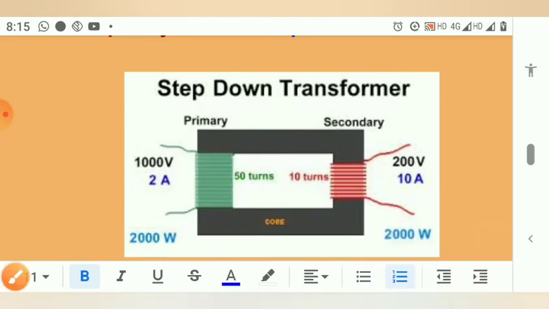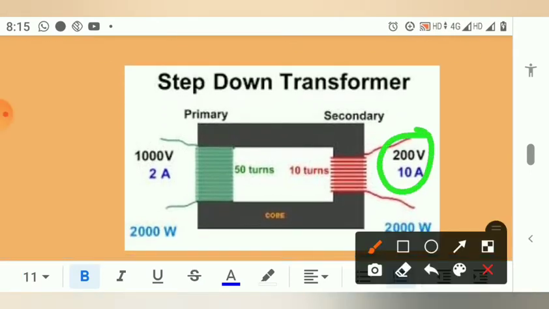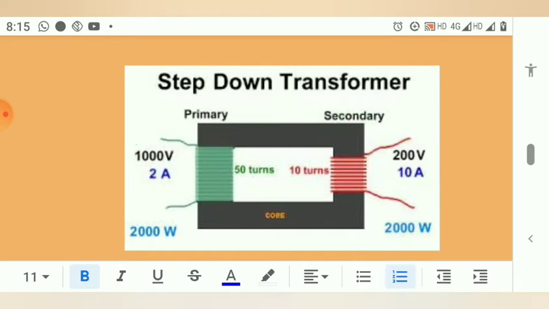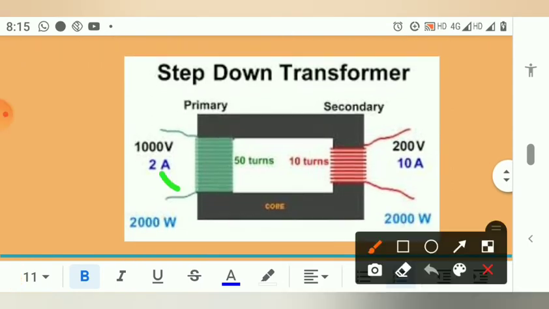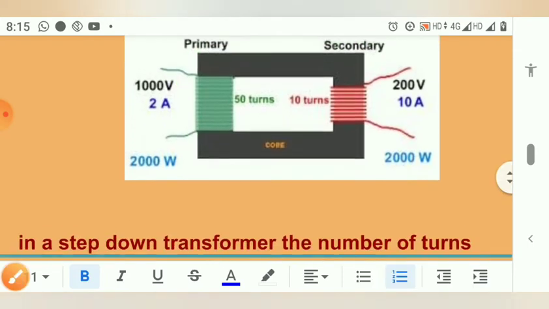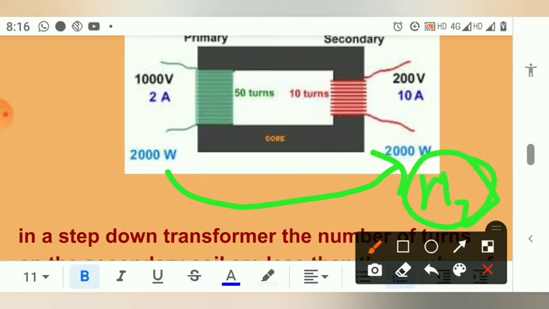Now the output we get is 200 volt, compared to 1000 volt, which means the voltage decreased. The current was 2 ampere, and now it is 10 ampere, which means the current has increased and the voltage has decreased. The power is the same, and the frequency will be the same.